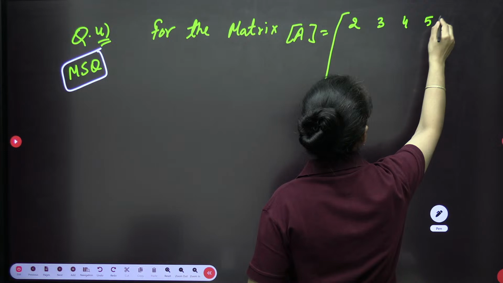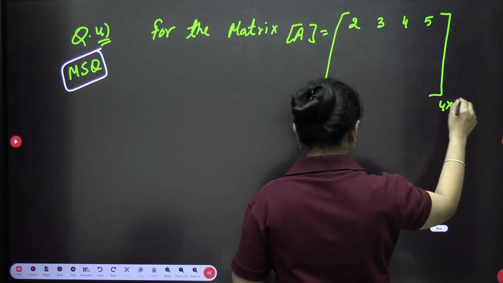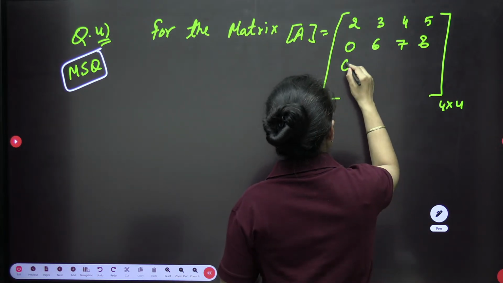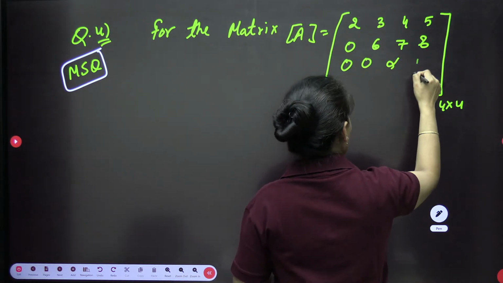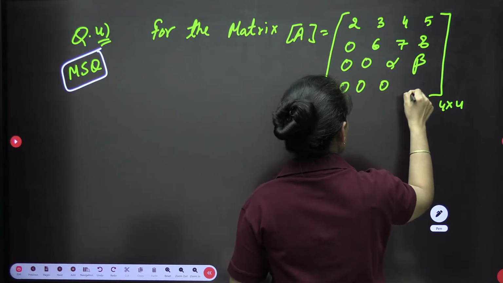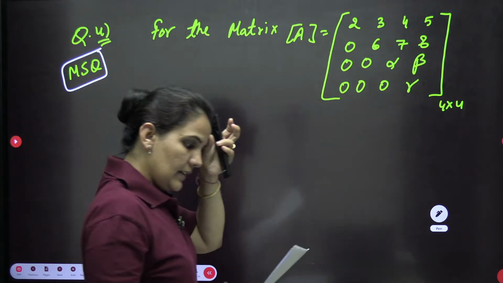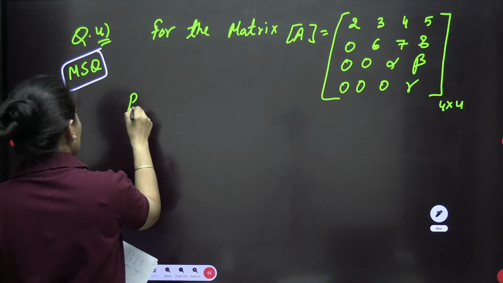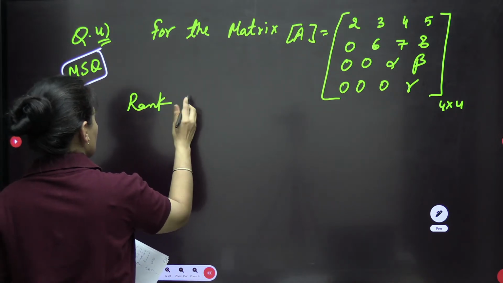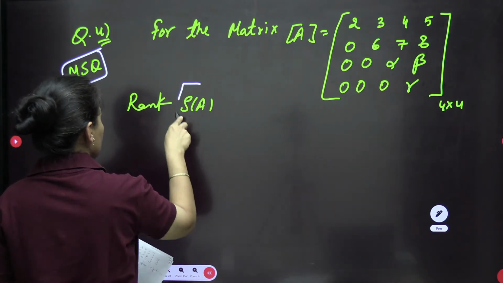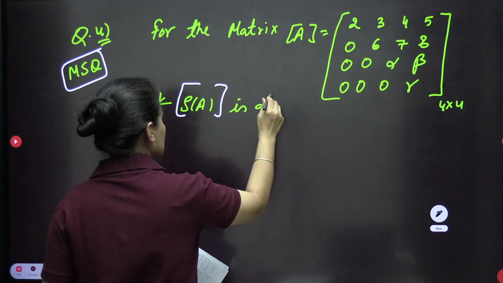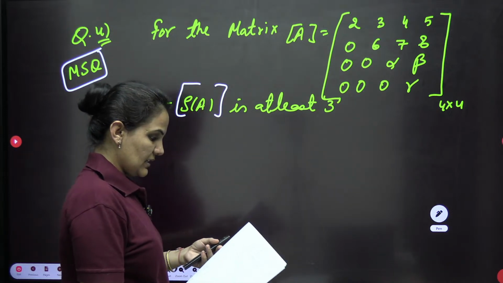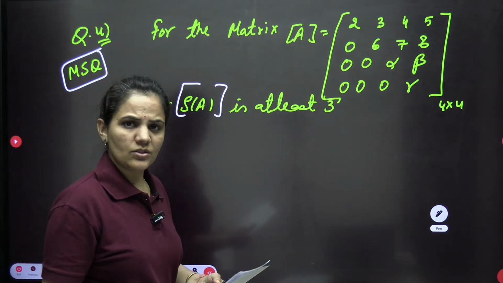I think a 4 cross 4 matrix is given to us. 2, 3, 4, 5, 0, 6, 7, 8, 0, 0, alpha, beta, 0, 0, 0, gamma. If the rank of the matrix A is at least 3, minimum rank is 3, then it is asking which relation is true for alpha, beta, gamma?